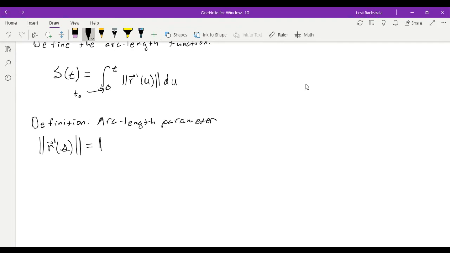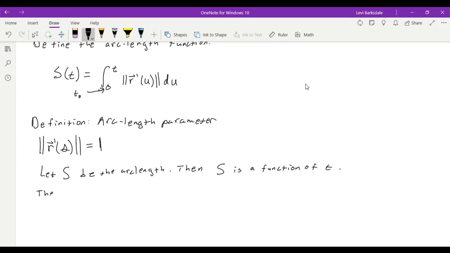Or in other words, it has a constant speed. In other words, if we let s be the arc length of our vector valued function r of t, then this arc length is a function of t, like we see using the arc length function.